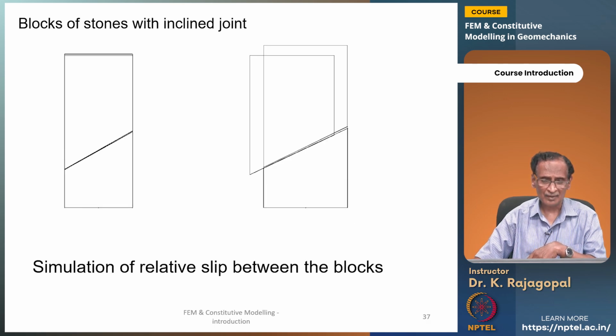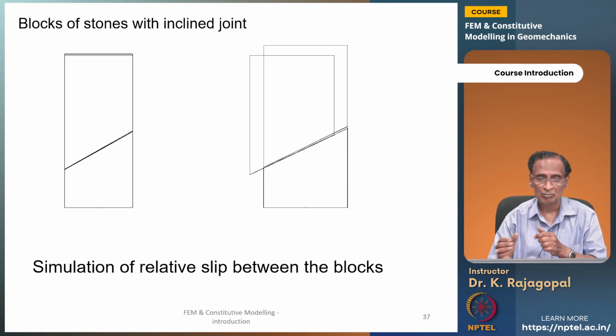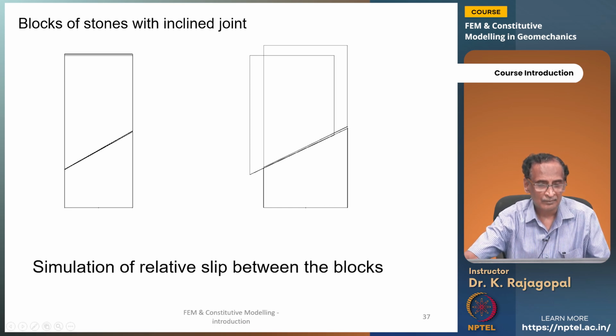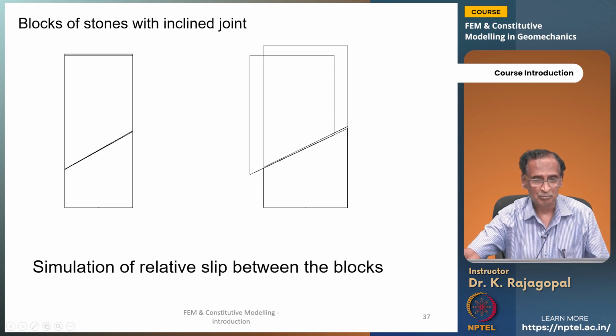Okay. Then the other thing that we need to model is we should have the capacity to model the sliding between different parts of the soil, or between the soil and reinforcement, or between the soil and the panel. And here I am showing you some example of a rock joint. Let's say you have a rock collected from the site with a joint here, and if you test it in compression test, this is what is going to happen.